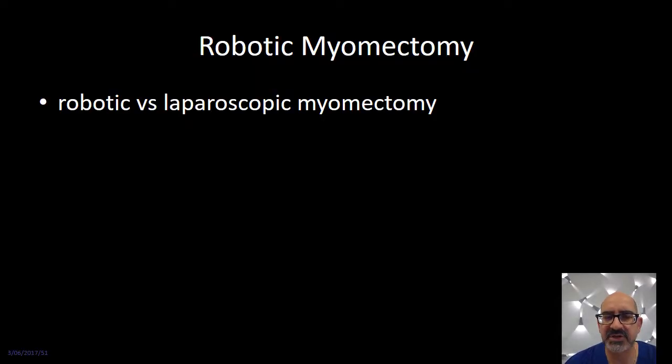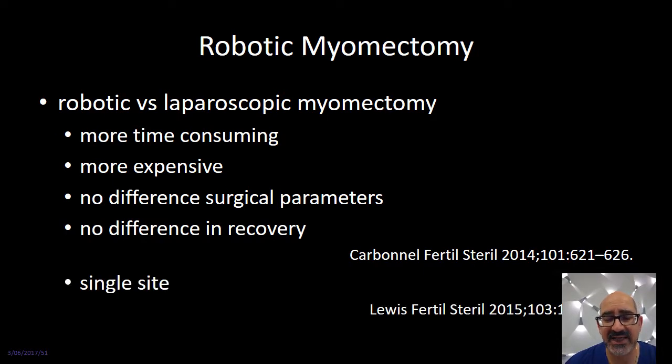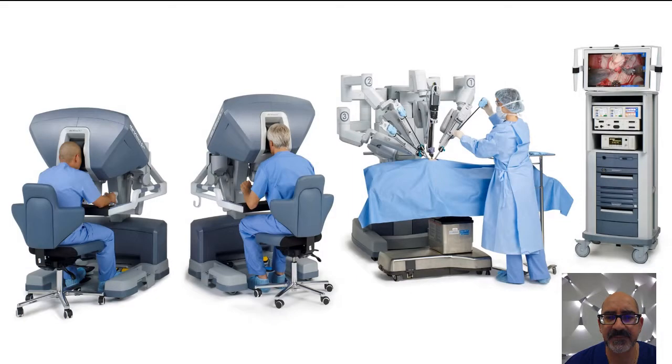Robotic myomectomy has become more popular, and so far the evidence suggests that it's more time consuming and more expensive. There's really no significant difference in any of the surgical parameters, and it can be performed as a single site.